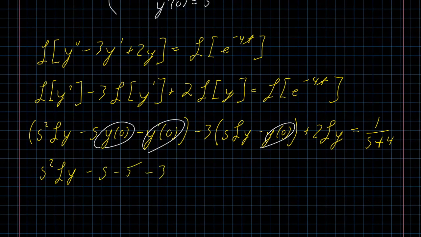Then I've got minus 3 times s times the Laplace transform of y. Minus a minus is plus 3 times y of 0, which is still 1. And then I've got 2 times the Laplace transform of y is equal to 1 over s plus 4.